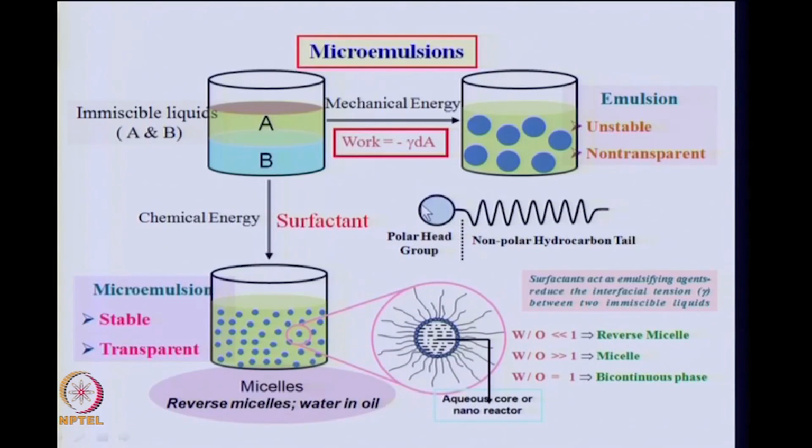So, when you add these molecules in this system, the polar head group will go into the aqueous layer and the non-polar hydrocarbon tail will sit in the oil layer. So, it will be lying at the interface, but when you increase the concentration of such molecules, then you can get some surfactant assemblies like that.